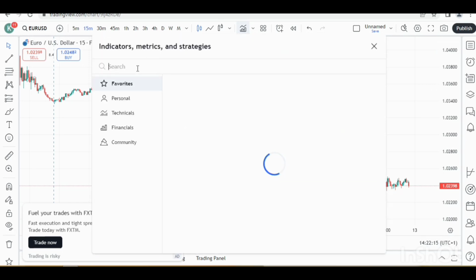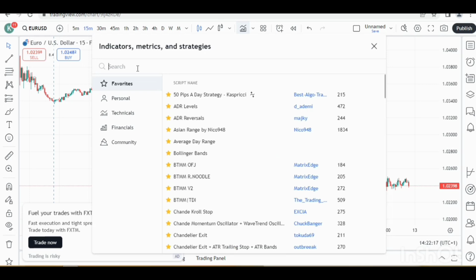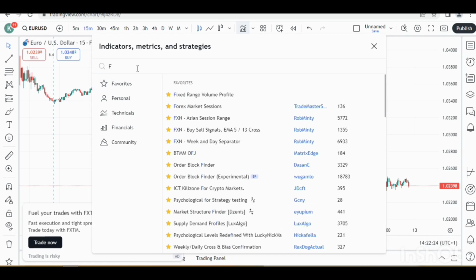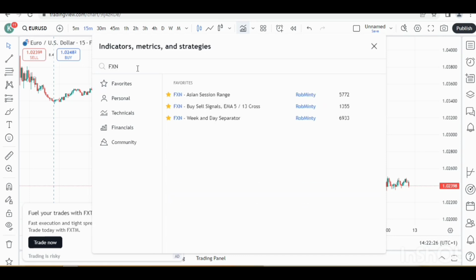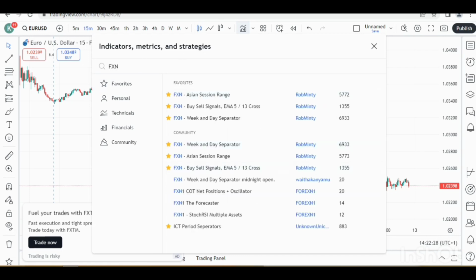What this indicator does is just to mark our different trading sessions. So come to your search bar and type in FXN. This is the indicator here. The one we'll be using on our chart is this first one here, the Asian session range. That's what we'll be adding to our chart.